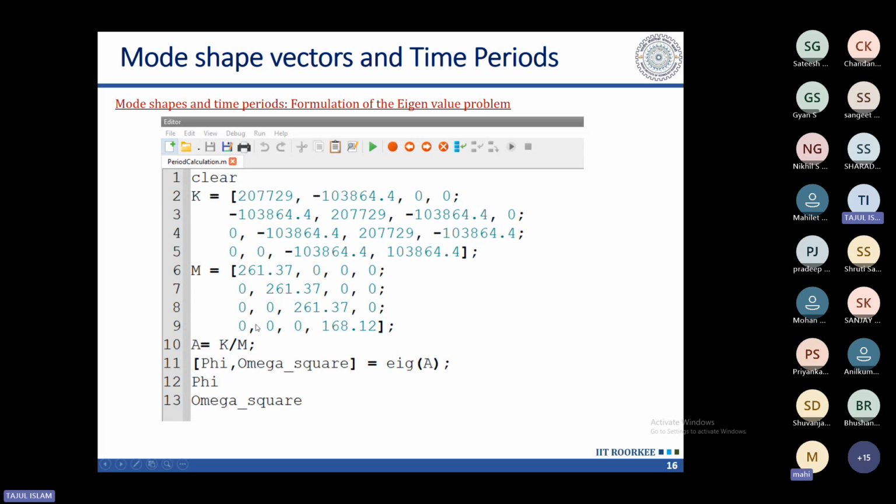The second quantity is the eigenvector, which is nothing but the mode shape in the case of a structure. This is solved with the command EIG of whatever you have calculated here. After that, you can extract your frequency and mode shapes.